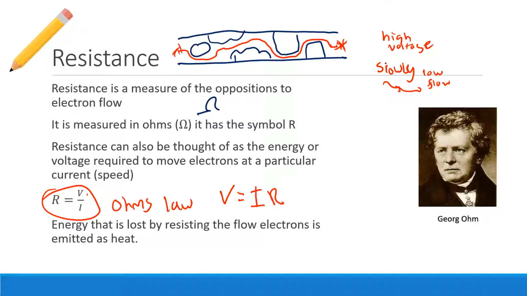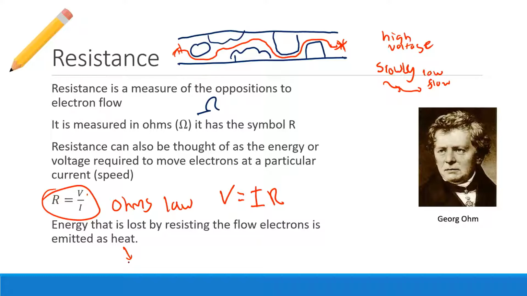And of course, we refer to that loss of energy by resistance as, well, it's usually emitted as heat. It's going to increase the temperature, and as its temperature gets increased, it will emit that energy as heat, because the energy will be released from it. To go back into a little bit of thermodynamics, why is it releasing it as heat?